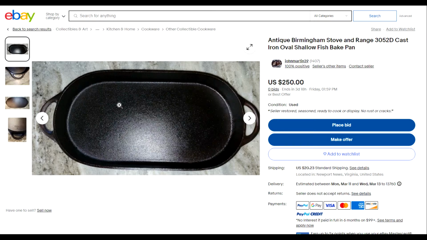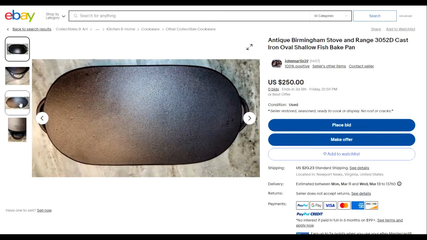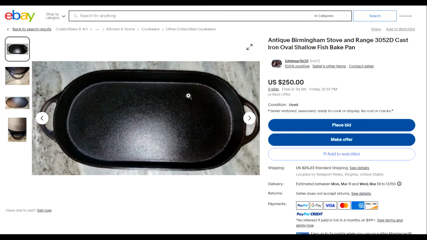Yeah, boy, at that price, they had damn well better fill it with sushi or some kind of fish as well. So yeah, no, I would not be willing to pay $250 for a BS&R shallow fish fryer. So the seller on this can definitely count me out, that's for sure.